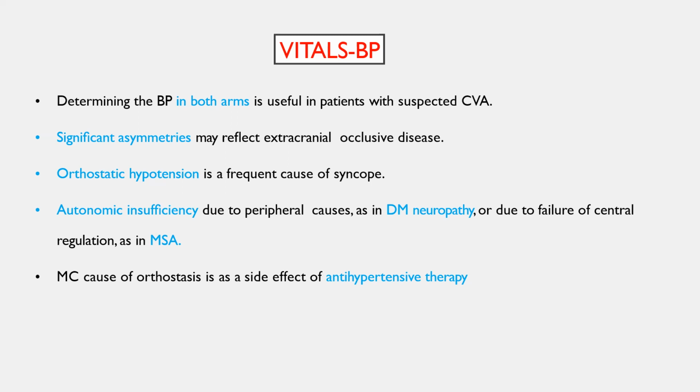Most commonly, as all of you know, diabetic neuropathy, and one more entity, multiple system atrophy C, multiple system atrophy P. These predominantly present with autonomic dysfunction as a part of orthostatic hypotension. You need to inquire about drugs like beta blockers and calcium channel blockers, which sometimes cause orthostatic hypotension. By stopping these drugs, you can completely relieve the patient from the orthostatic hypotension.